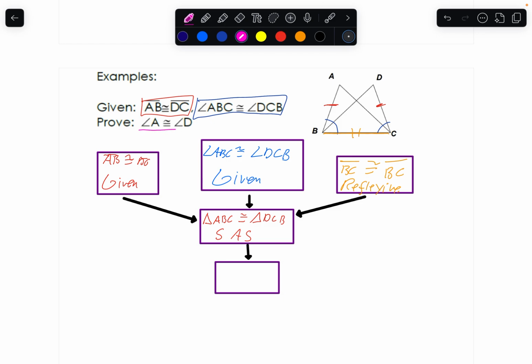They want me to prove that A is congruent to D. Yes, angle A is congruent to angle D by CPCTC, corresponding parts of congruent triangles are congruent. But I needed to establish that the two triangles are congruent first.